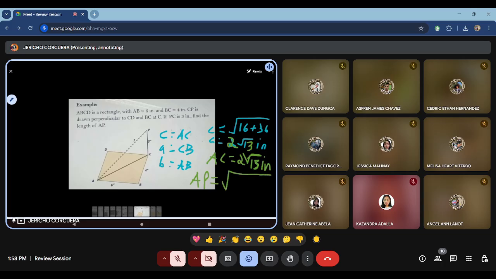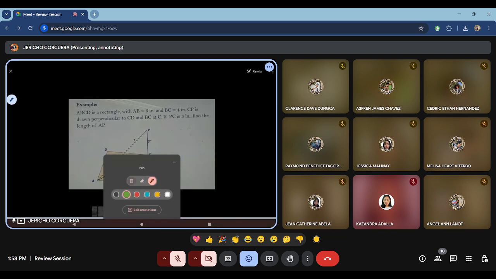Let's write down 9 plus 52. AB is equal to the square root of 61 inches. Ayan. Ayan siya. And we also have another example here.